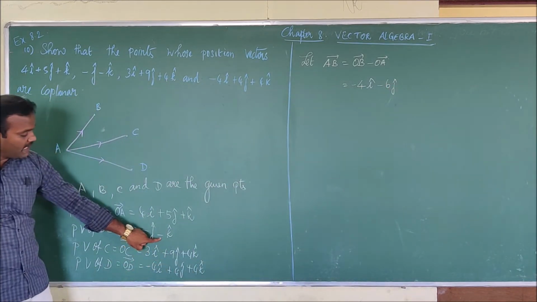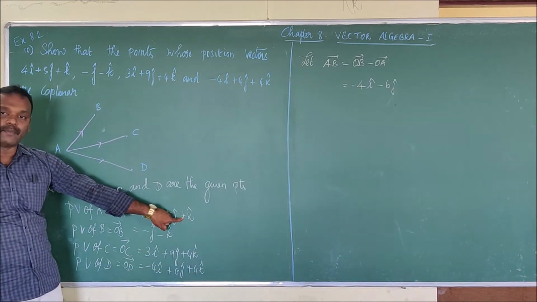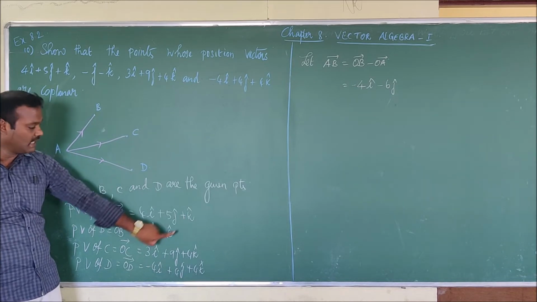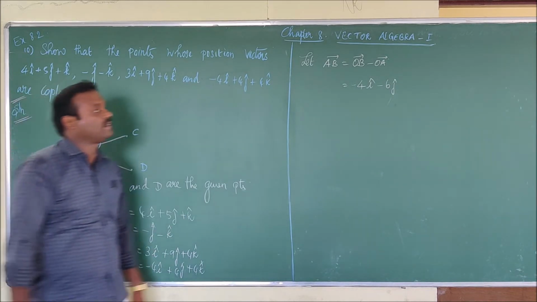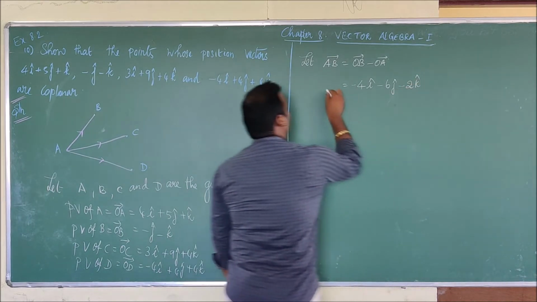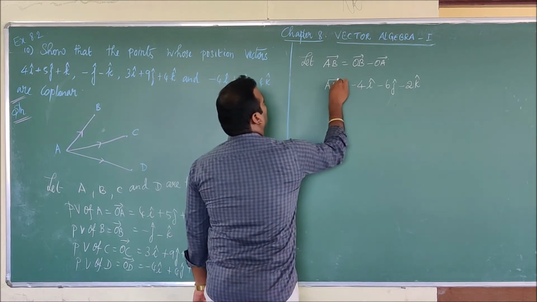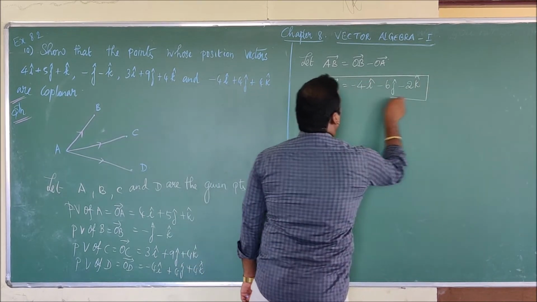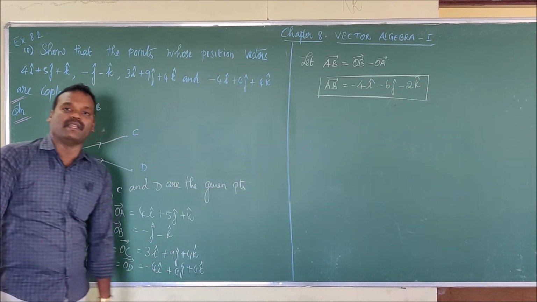Next, minus k minus k is minus 2k cap. This is nothing but my AB vector.